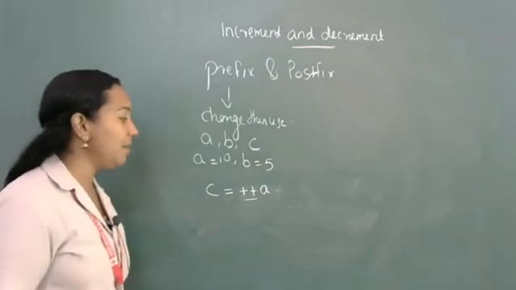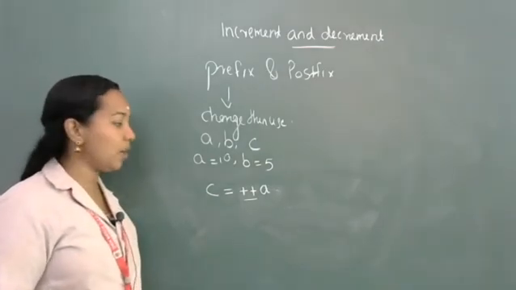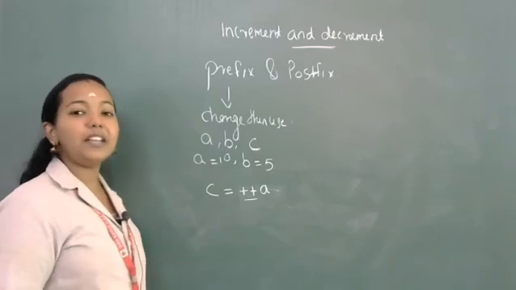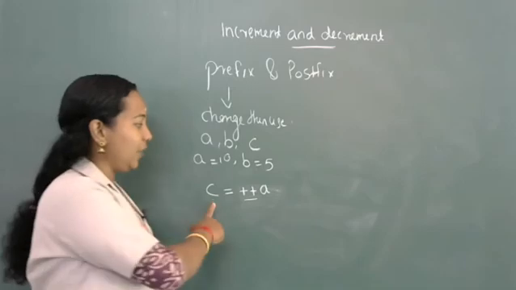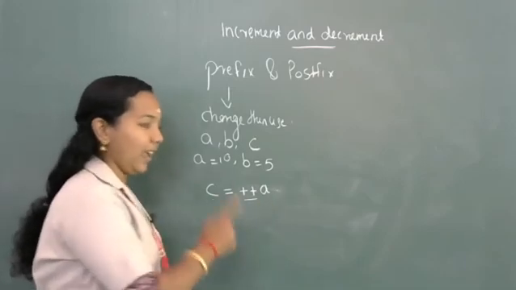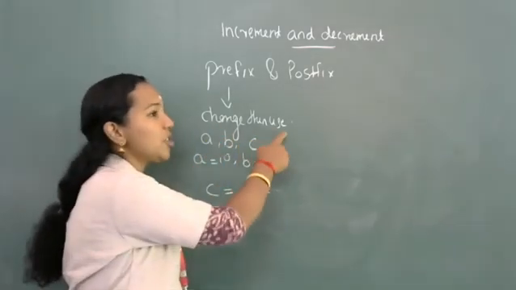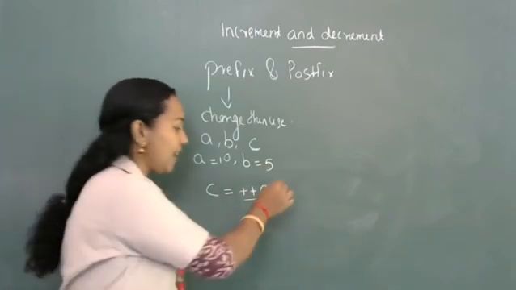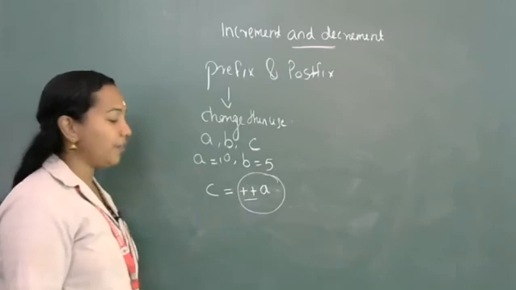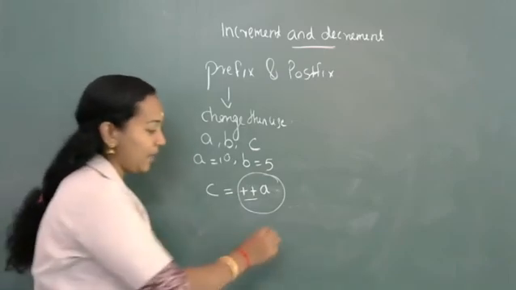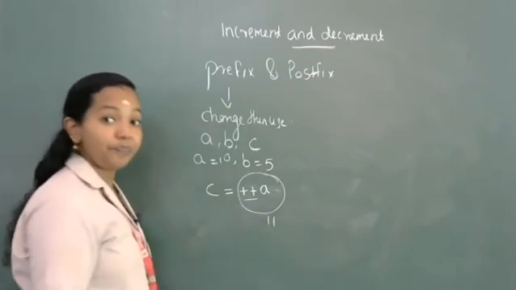Then, immediately after the expression c equal to plus plus a, what will be the value of c? So what is this? Change then use. The right expression will execute first, plus plus a. After incrementing, a equal to a plus 1, what will be the value of a? 11.